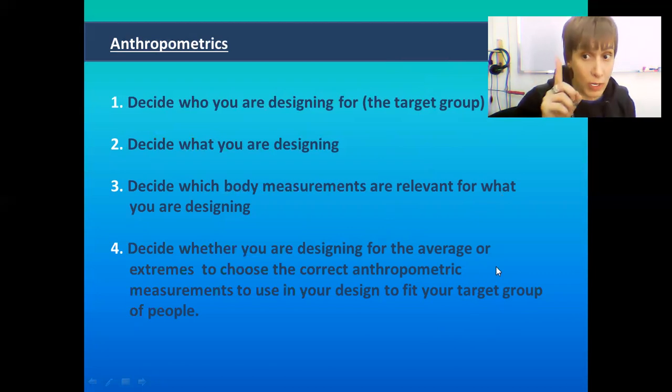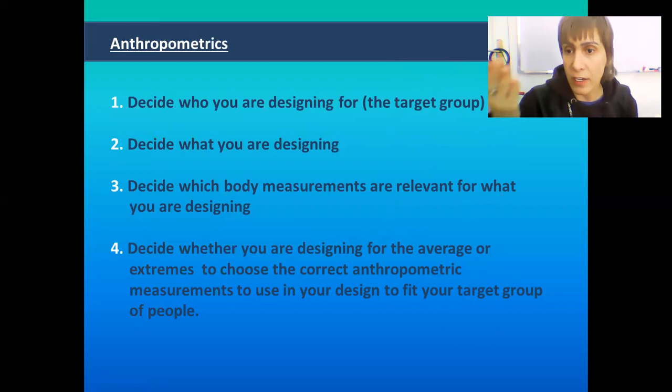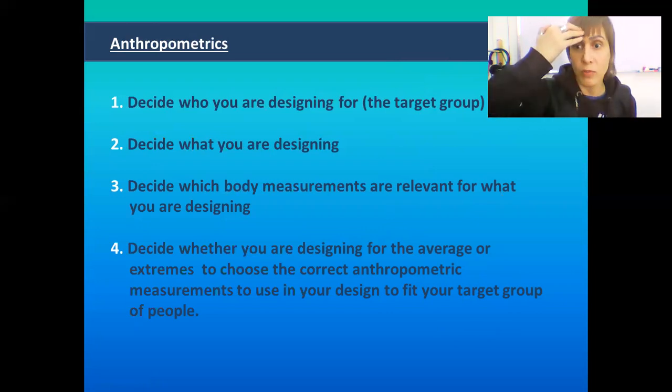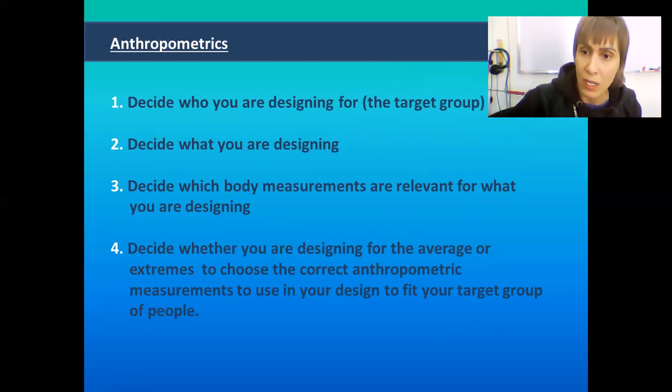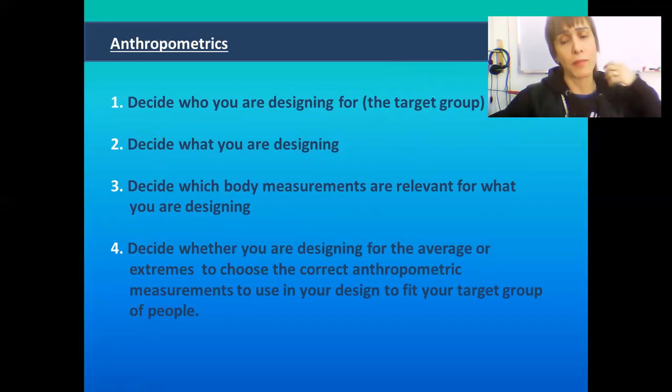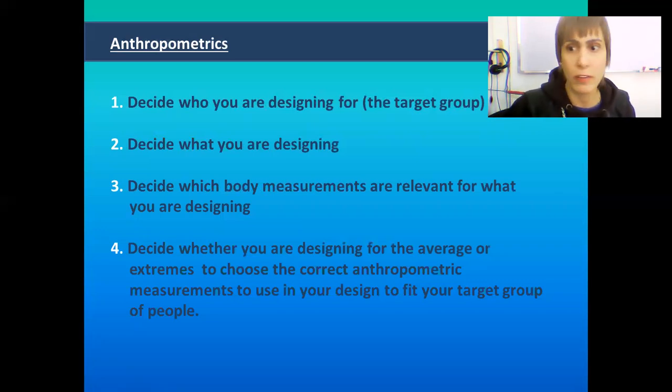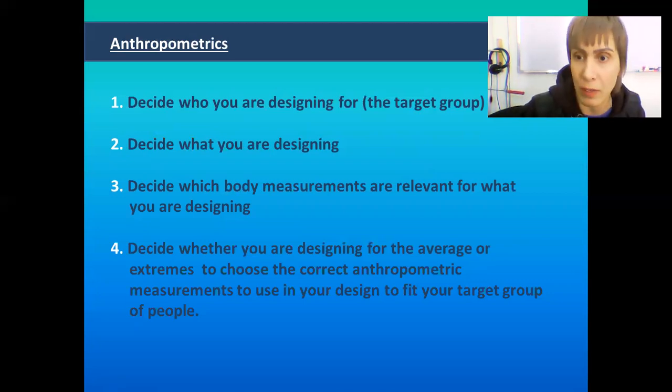You're always focusing on the target group. You don't select the target group and then start designing and forget the target group. Unbelievably, it did happen in this class before. Students told me, I'm designing for adults, male and female, from, let's say, 18 to 50 years old, for example.